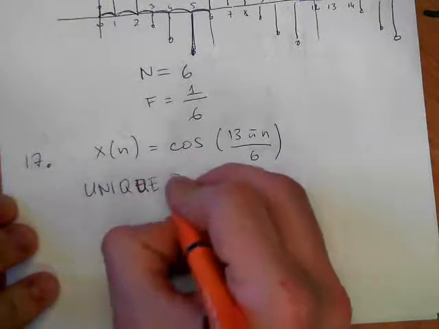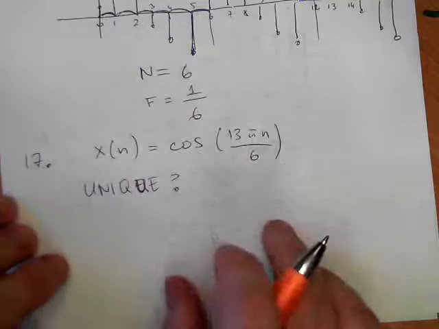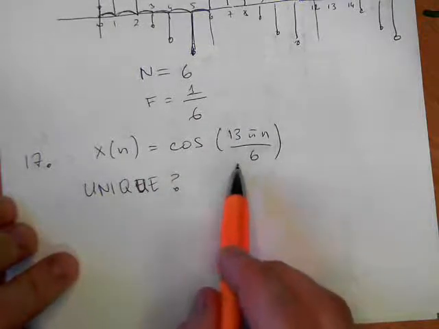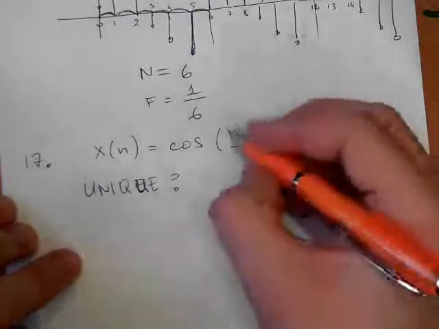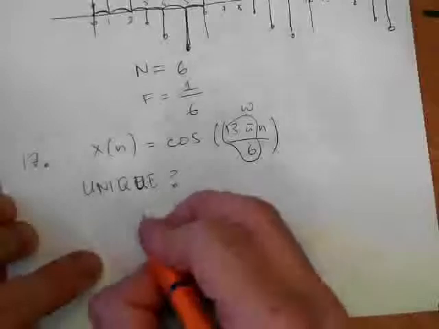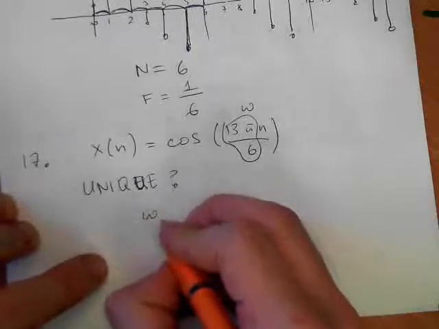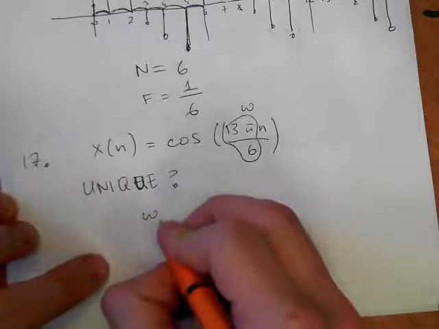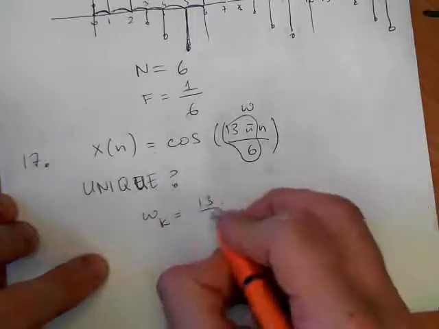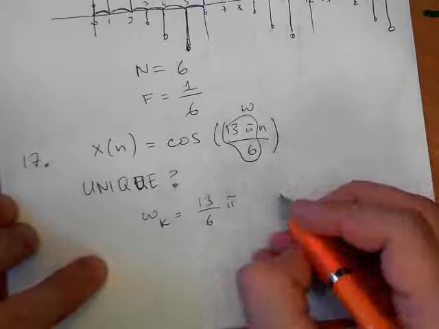What is the unique signal? This is the aliased signal, this one. What is the unique? This is omega 1 equals 13 pi divided by 6.